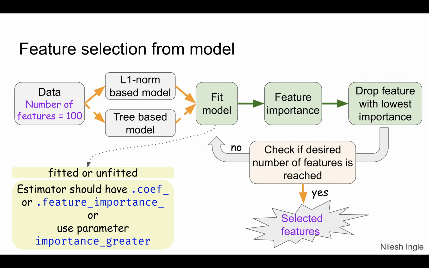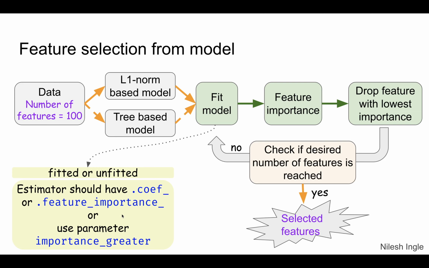Now, feature selection from a model is again similar to the earlier method, except that here there's a specification that L1 norm based models or tree based models can be used. And again, the models can be either fitted or unfitted, and they should have the coef_ or feature_importances_ attributes.